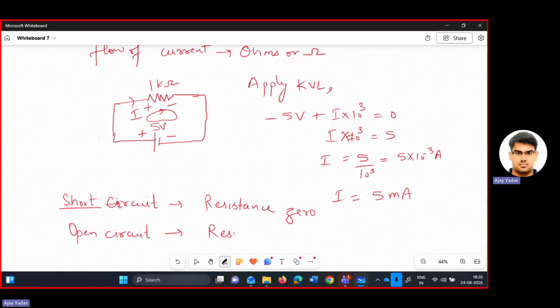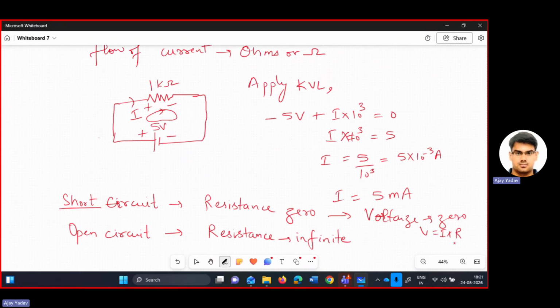When the resistance is infinite, we say open circuit. In the case of 0 resistance, a large amount of current will flow in the circuit, and corresponding to this, the voltage is 0. Why? Because V is equal to I into R.